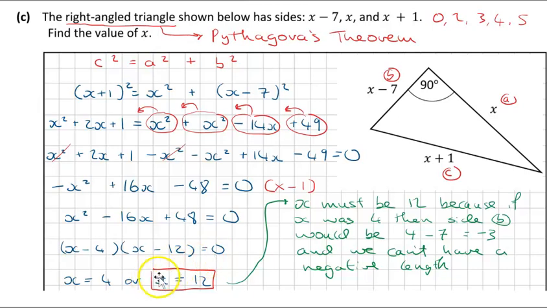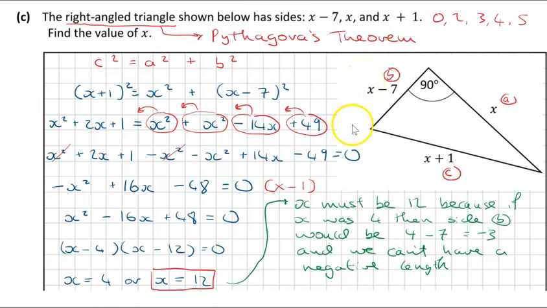So if we were to sub in x to be 12, for example, on side B, we would have 12 minus 7, which would give us a positive answer. Whereas if we sub in x is equal to 4, we'd have 4 minus 7, which would give us a negative answer. And you can't have a negative length. So the actual solution here is just 12. So find the value of x. x is equal to 12.